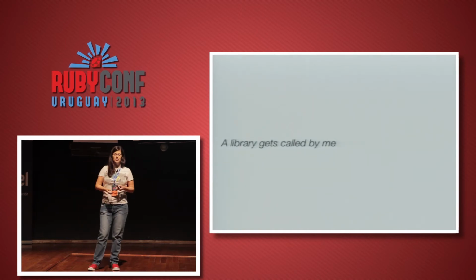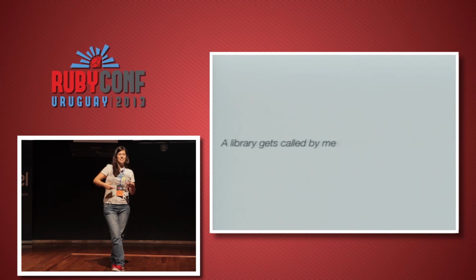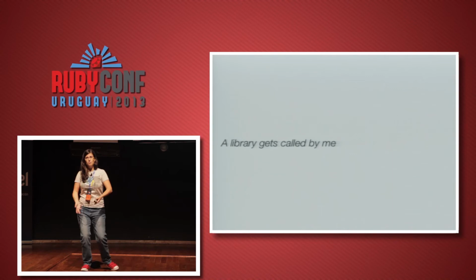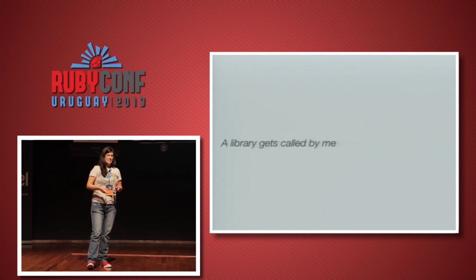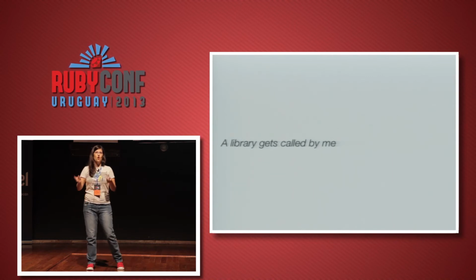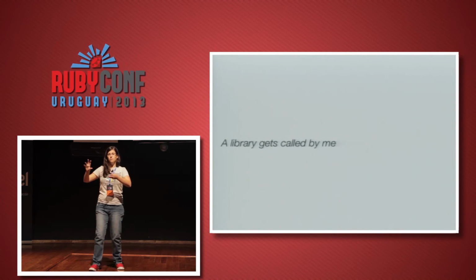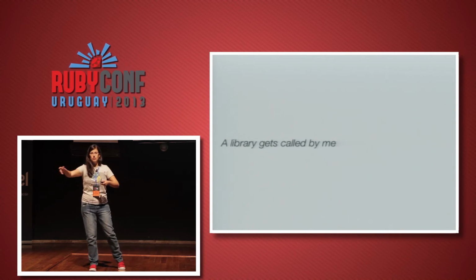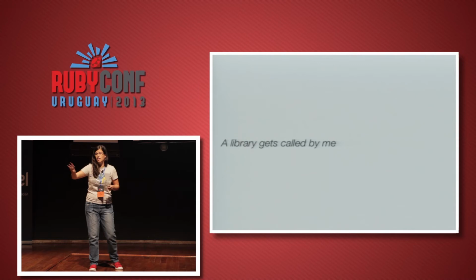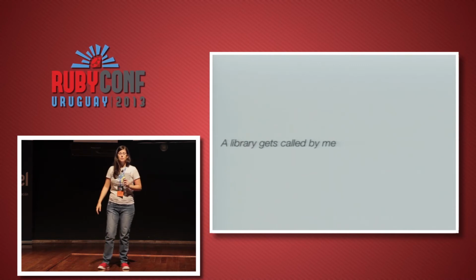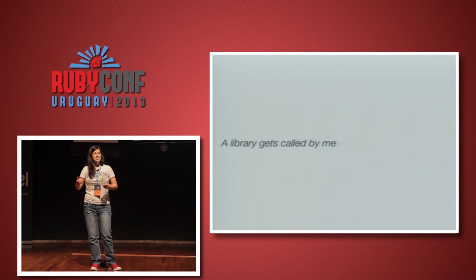Now, what does this mean regarding code? A library gets called by me, but a framework is something that calls me. Now, what do I mean by this? A library is like a set of functionalities, so I can go and call those things when I need them, and if I don't do anything, it just remains there where it is.